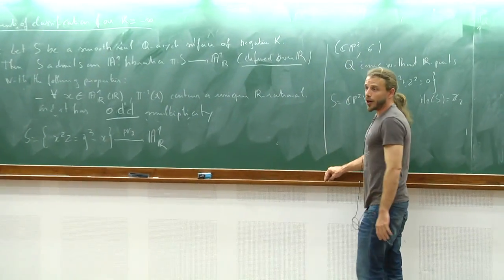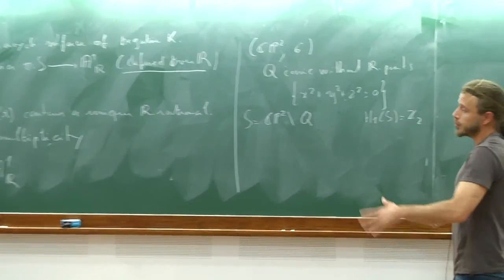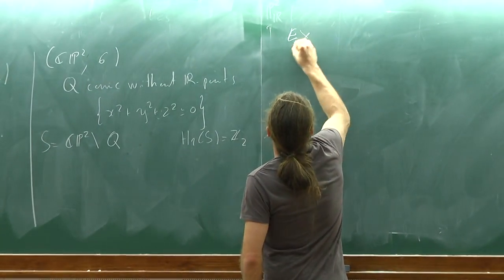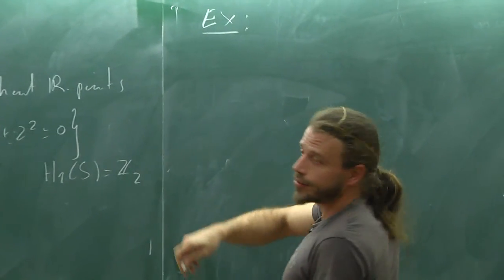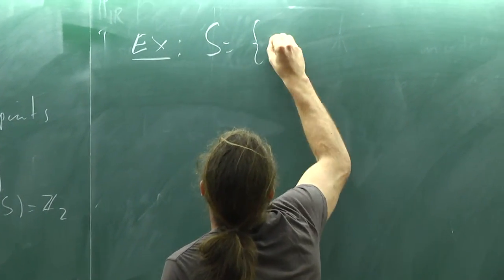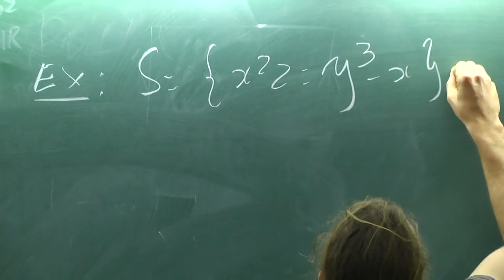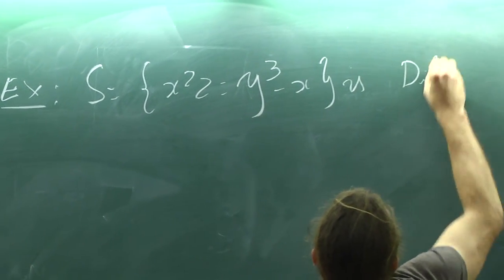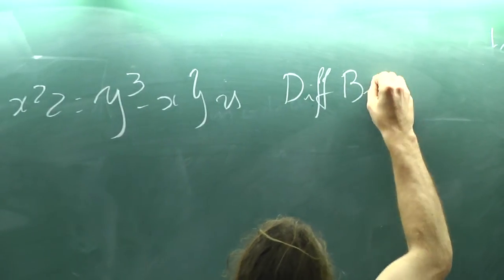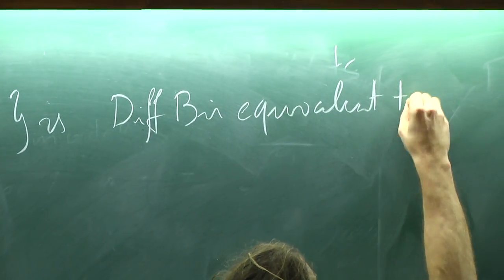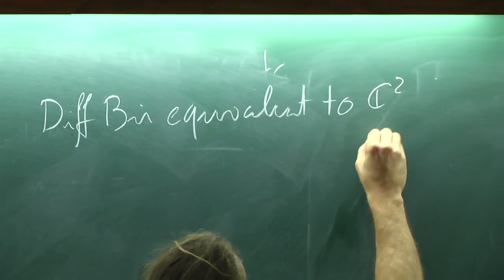And, well, just let me conclude by one example statement. This particular S, if it is birationally diffeomorphic to C2, so A2R.